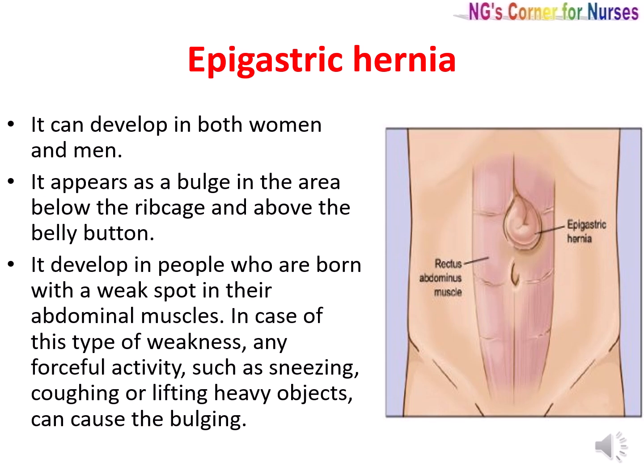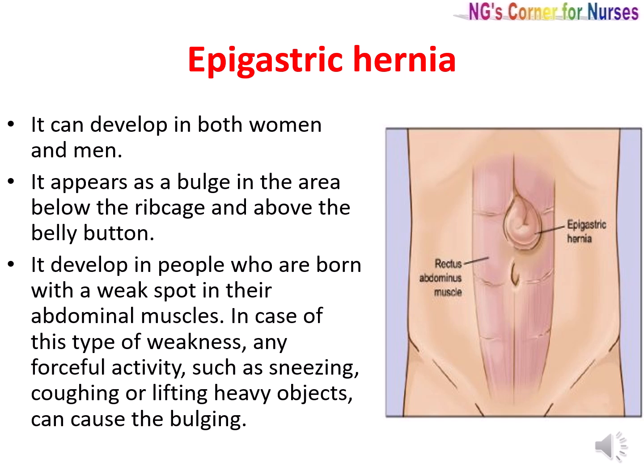Next, coming to the first type, that is epigastric hernia. We are familiar with the term epigastric. If we divide our abdomen into the 9 quadrants, the upper middle quadrant is known as epigastric region. Whenever a herniation or bulging appears in this epigastric region, or in the area below the rib cage and above the belly button, it is known as epigastric hernia.